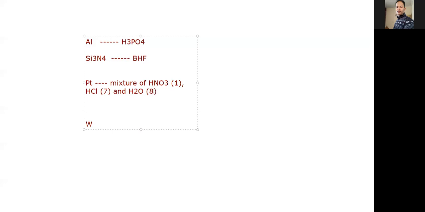Such a mixture is used to etch the platinum layer.